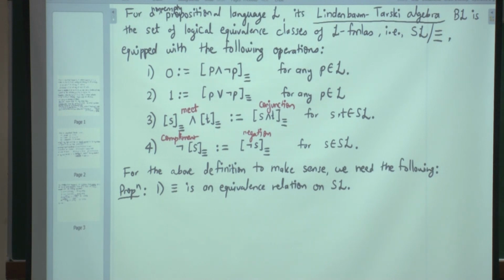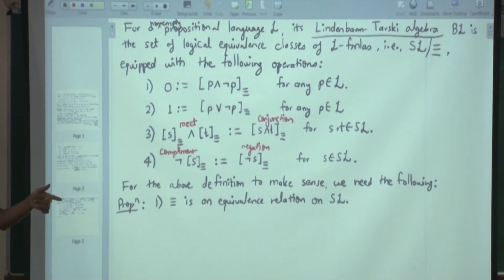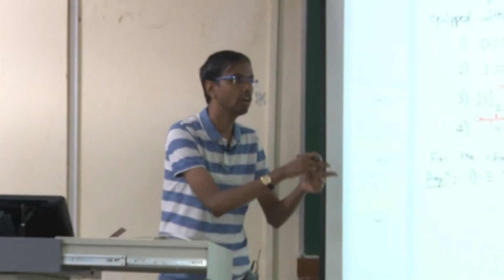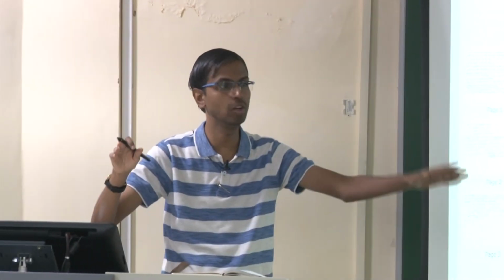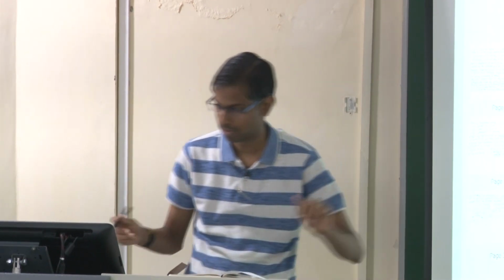Can you see why? If S is equivalent to T and V is a valuation, then V of S is equal to V of T. And if T is equivalent to U, then V of T is equal to V of U. Therefore, V of S is equal to V of U. So, I do not need to write a proof of this.